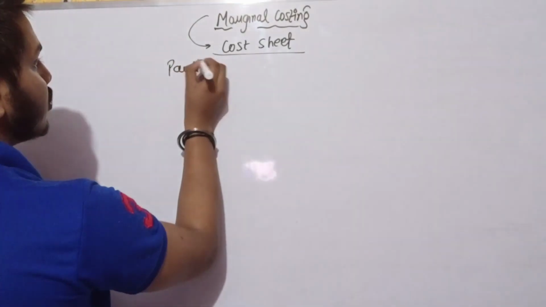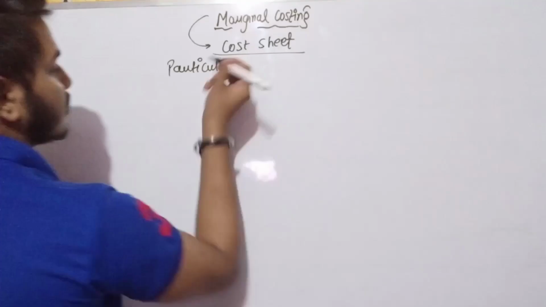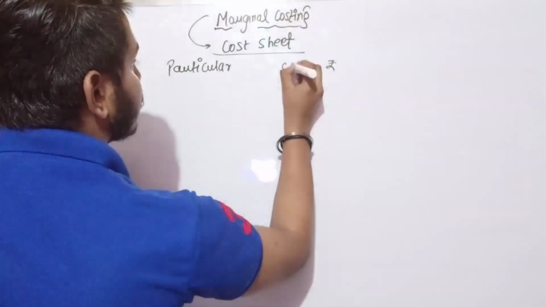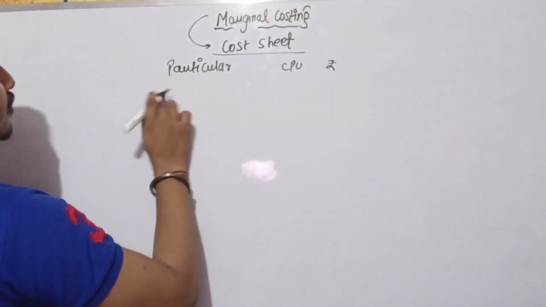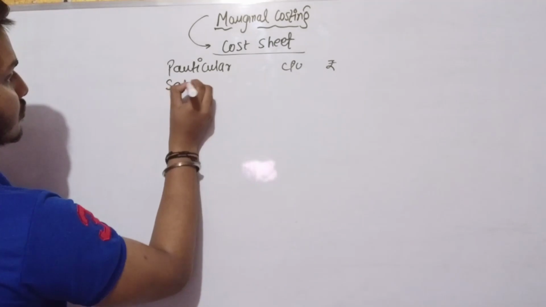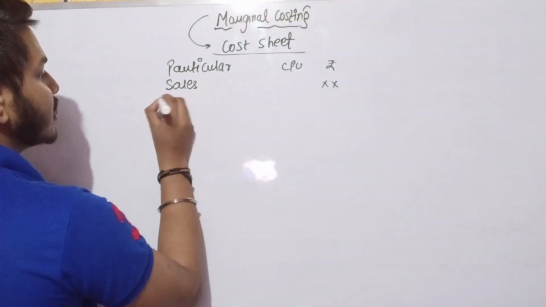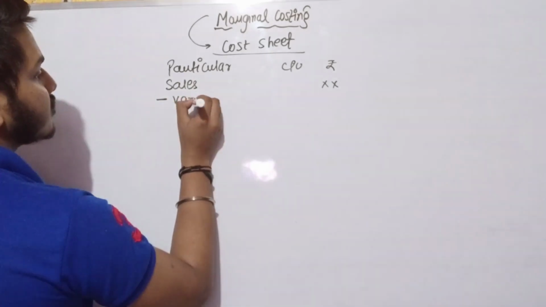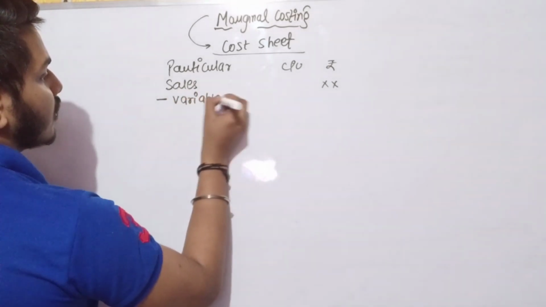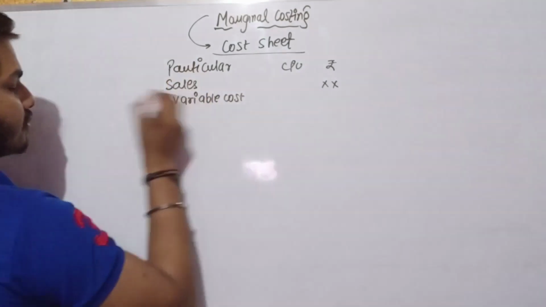So what is the format of the cost sheet? Let us see. Now, cost per unit. First of all, we will have to write the sales. Then we will be deducting variable cost from this sales.